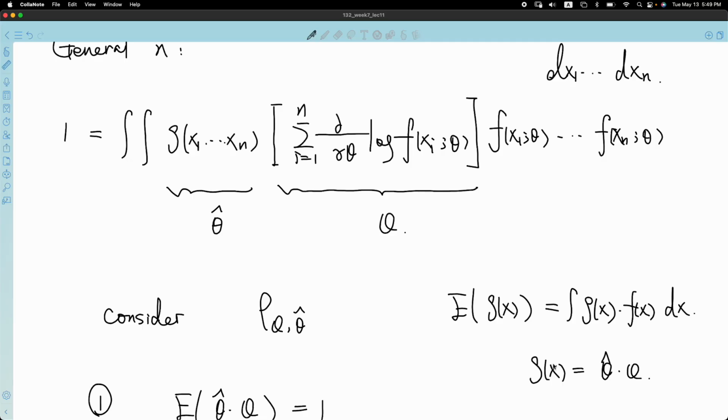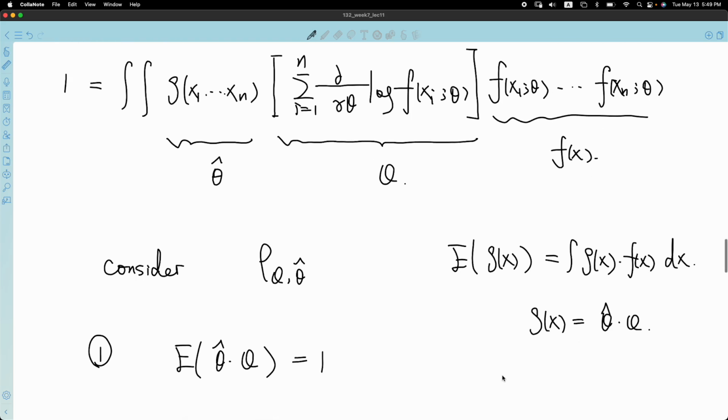Then theta hat multiplied by q is my g of x, and this part is my f of x. So the right hand side is the expectation of theta hat multiplied by q. Do you agree with that?